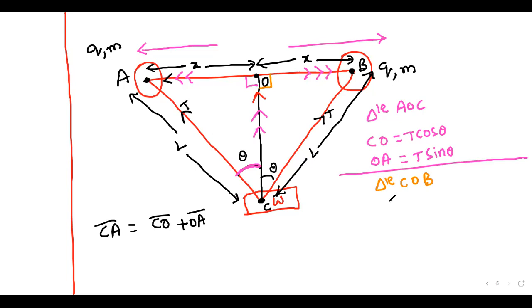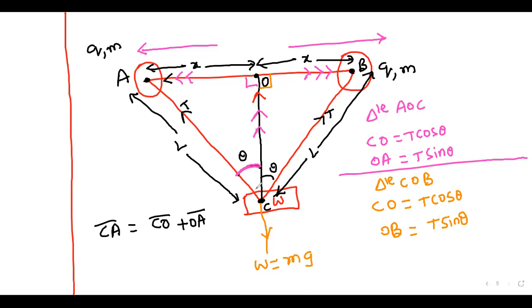So I can write CO as T cos theta, and OB I can write as T sin theta. Now weight will act vertically downwards. That is nothing but mg.